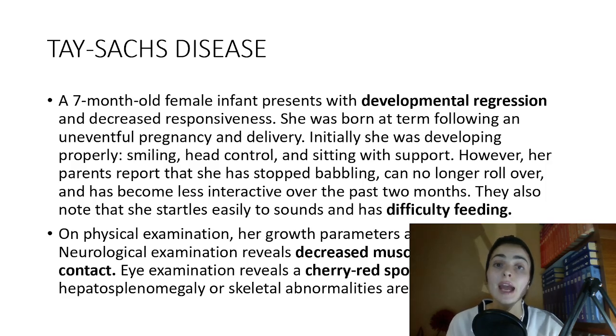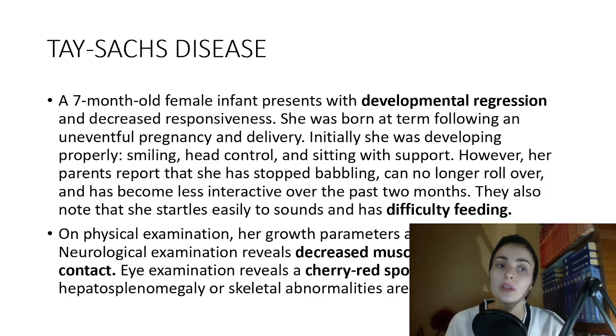Next disease, we have Tay-Sachs disease. A 7-month-old female infant presents with developmental regression and decreased responsiveness. She was born at term following an uneventful pregnancy and delivery. Born at term means that the mother had the full pregnancy without any complications, as it states here.